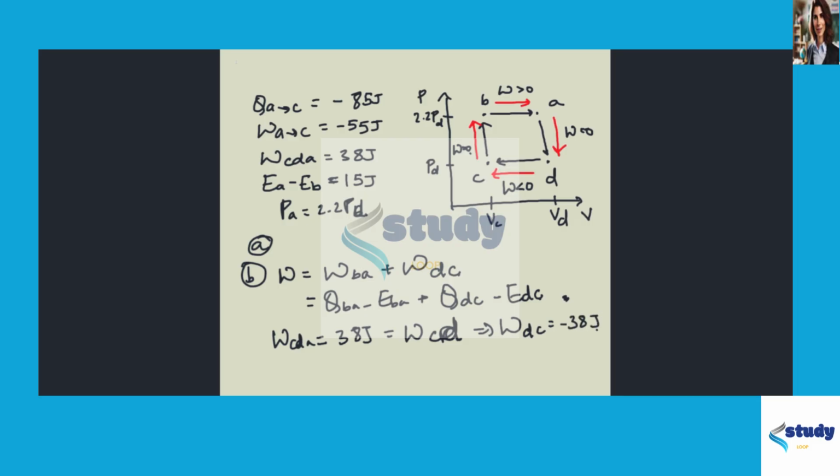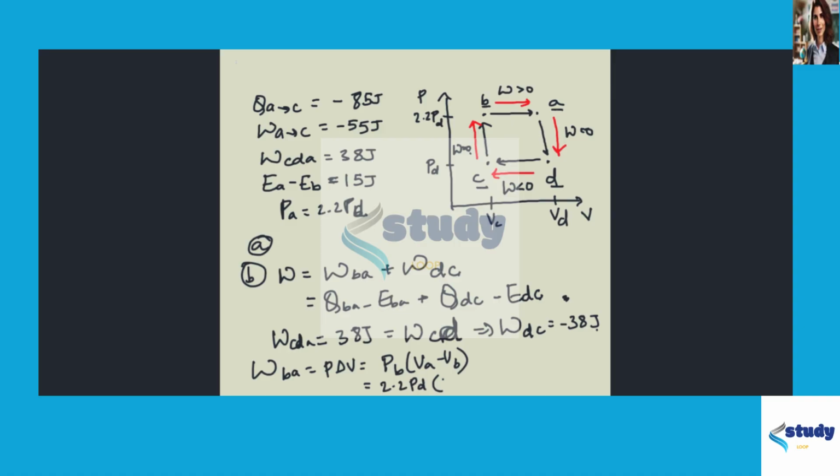Now that we have this, notice that work done during BA is P delta V. That is pressure at B times VA minus VB. And from the graph, it's obvious that PB is 2.2 PD, and we know that VA is the same as VD, and VB is the same as VC.